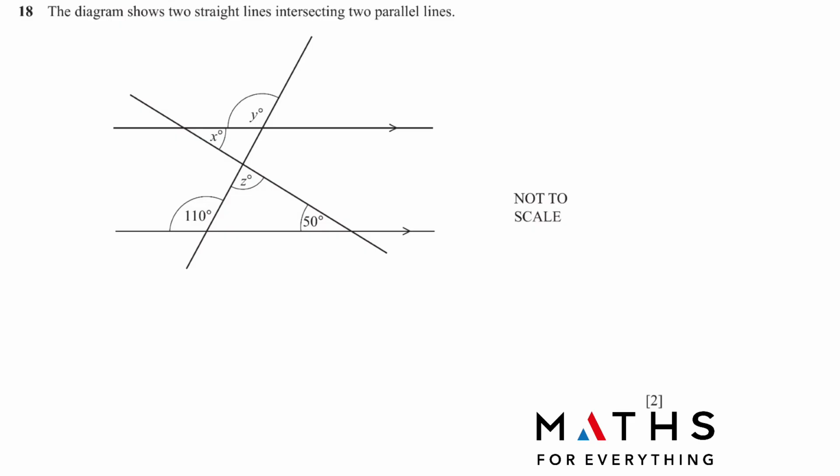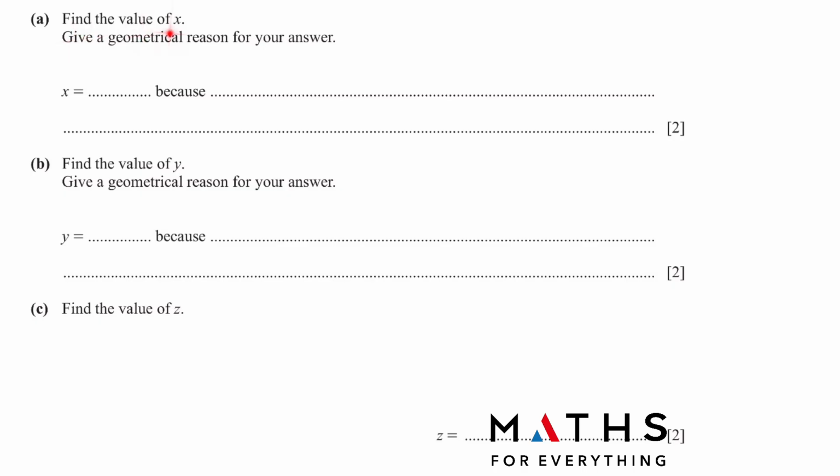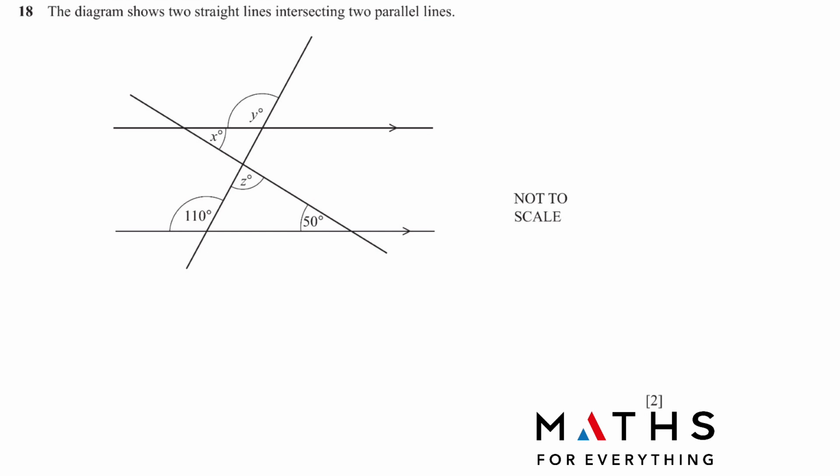The diagram shows two straight lines intersecting two parallel lines. These are our parallel lines, and these are the intersecting straight lines. We have to find the value of x, the value of y, and the value of z. And we need to give a geometrical reason for the answer.